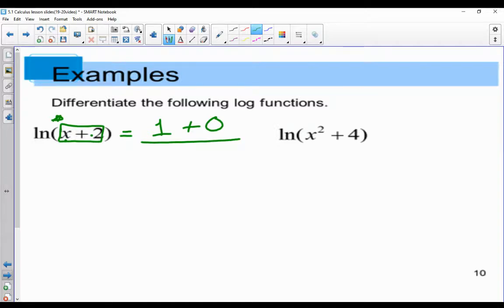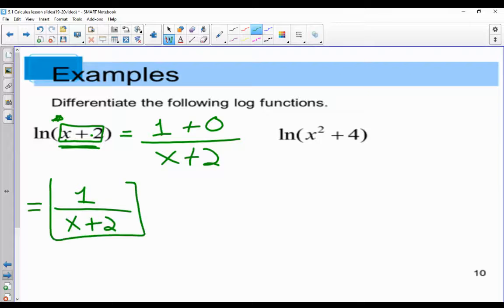And then from here, once you've done that, you divide by the original. And the original is x plus 2. Simplify from there. 1 plus 0 on top is just 1. And on bottom, you have x plus 2. And there you go. You see, this time, the bottom wasn't just x. So you can't assume the bottom will always be x. So just wanted to point that out.